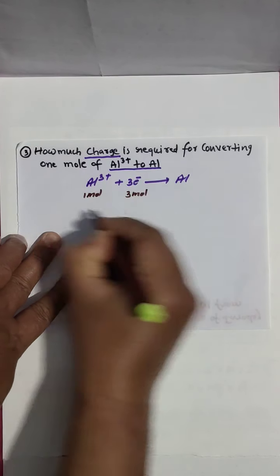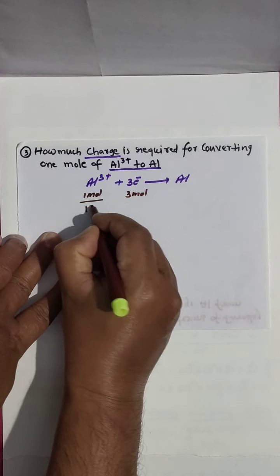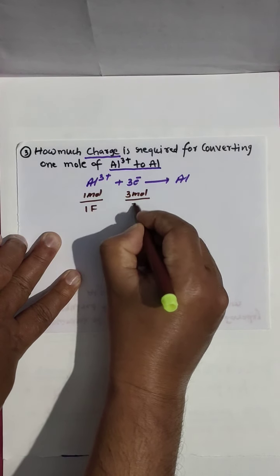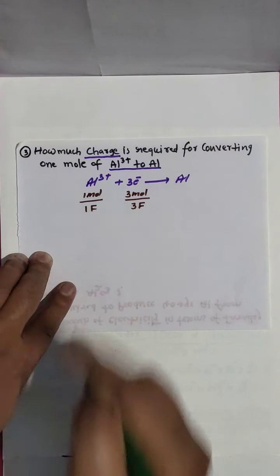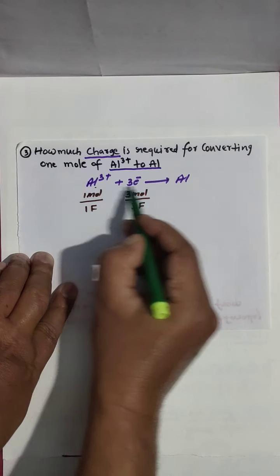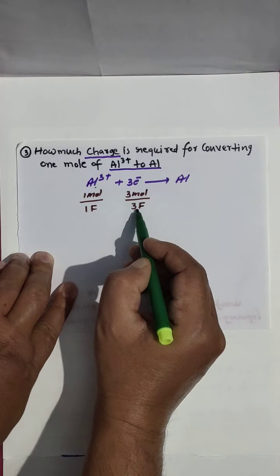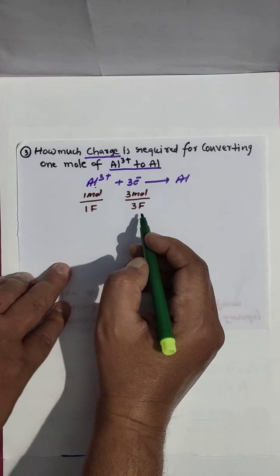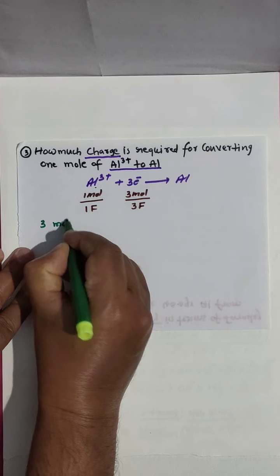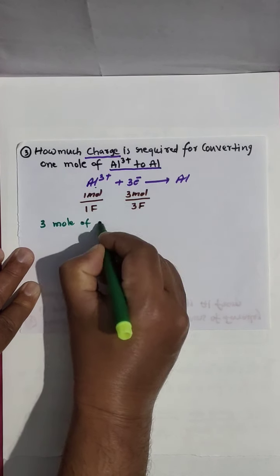I told you already, 1 mole is nothing but 1F, 3 moles is nothing but 3F, you have to treat it so. So to reduce Al3+ to Al we need 3 Faraday of charge.